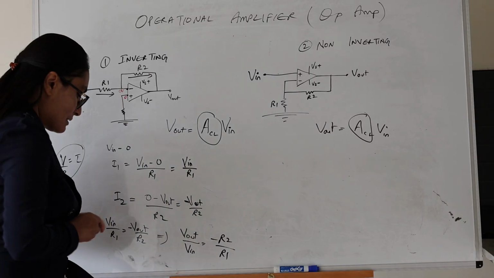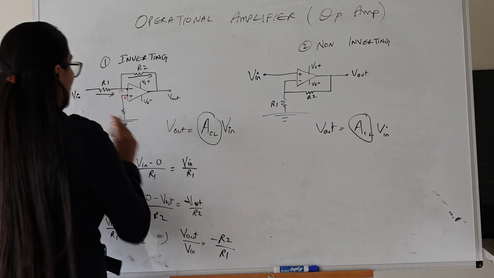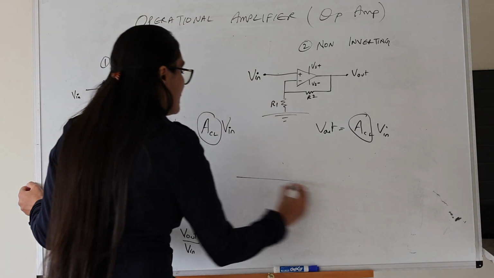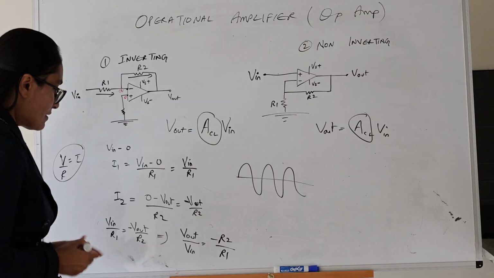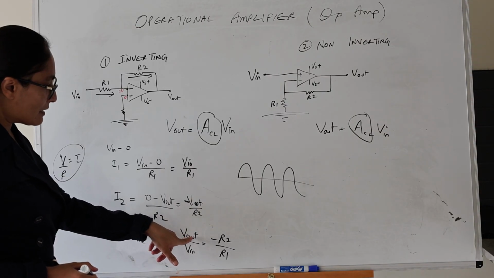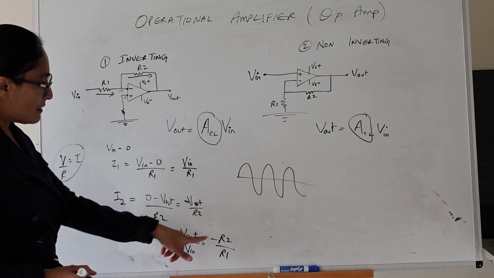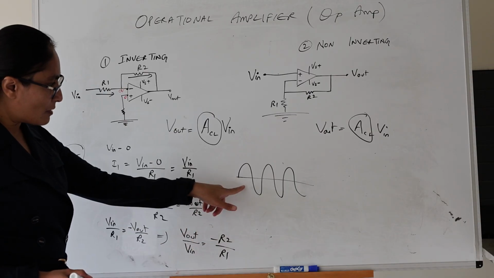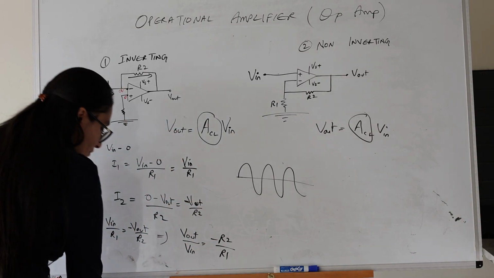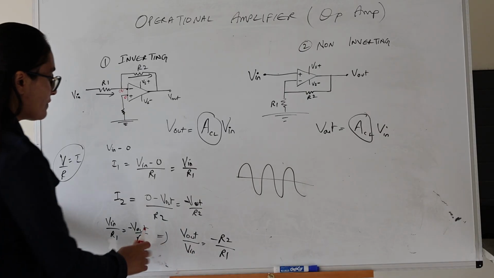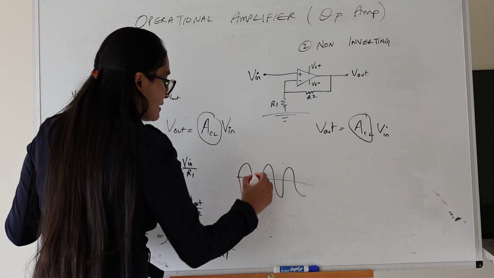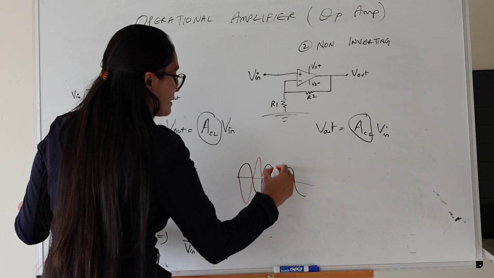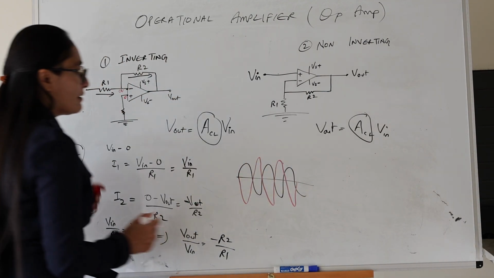What that means is, let's say you have an input voltage Vin supplied like this. The V out is simply the inverted version of this input but amplified. So if we were to draw the V out, it's going to look like this. Inverted and amplified.